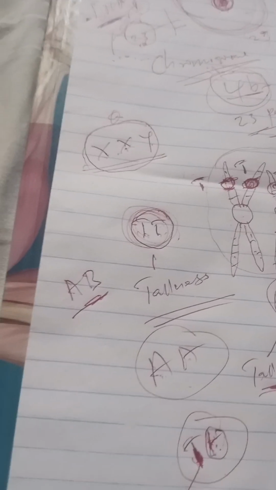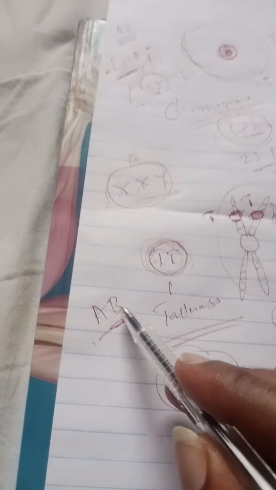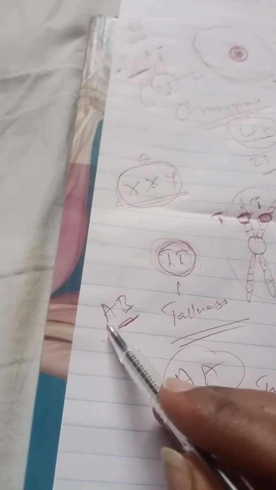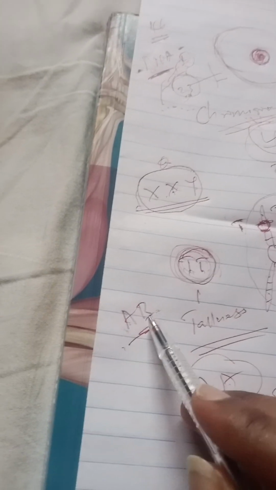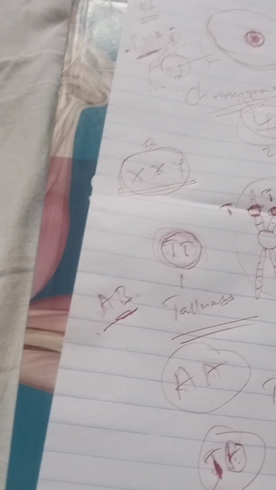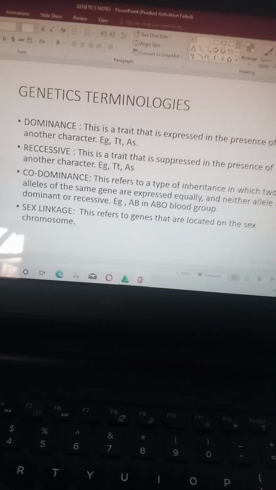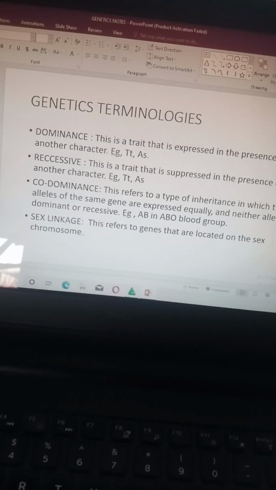What does this mean? Does it mean that A is dominating B or B is recessive? No, both are dominating. A is dominating, B is dominating. So in this way, we say they are codominant. No one is recessive, and that is what it means. You can also find this in the eye color of an individual and the rest of them.